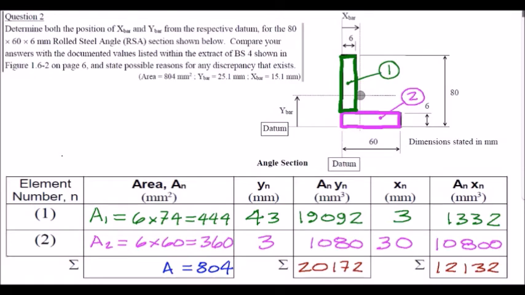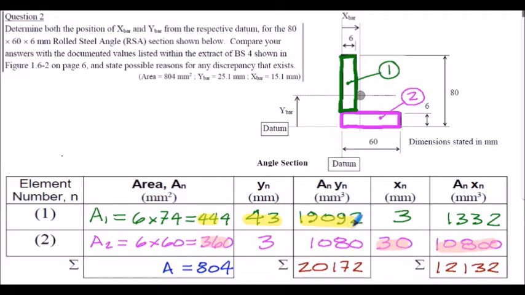And to illustrate how the area moments are calculated as before, to calculate the first area moment about the datum at the bottom of the section, it's simply the area multiplied by the y, which produces the first area moment about the datum at the bottom. But this time to find the area moment about the vertical axis, that would be the area multiplied by the x dimension for an element, and that will give the AX value, and that's about the vertical datum we're using.